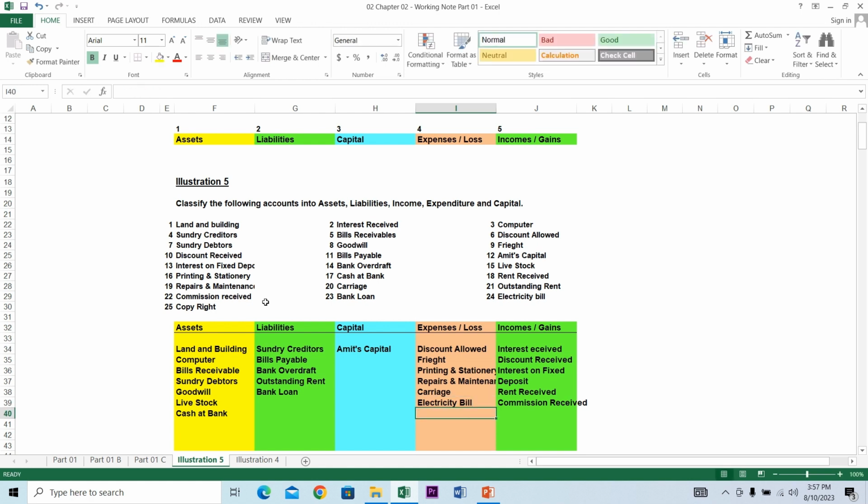Then copyright. Copyright is what? An asset. Though these two are intangible assets, we cannot see them, these are treated as assets. They have some value. That is the reason it is taken into the assets.